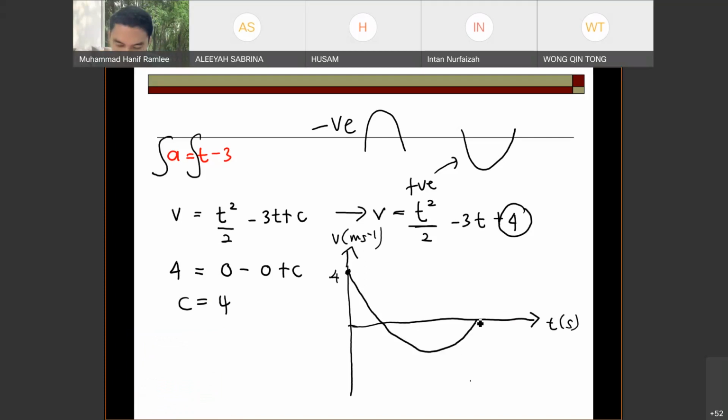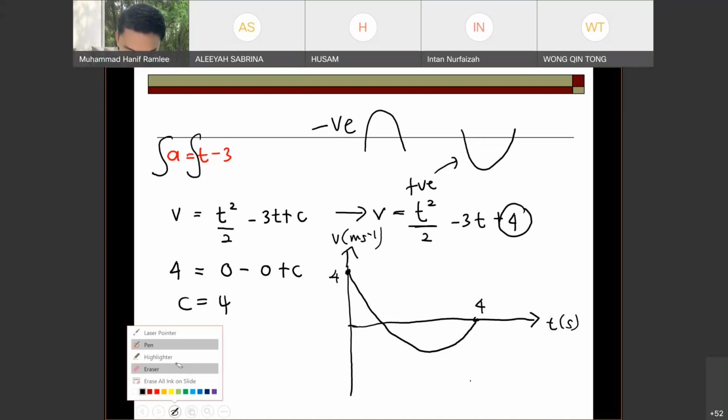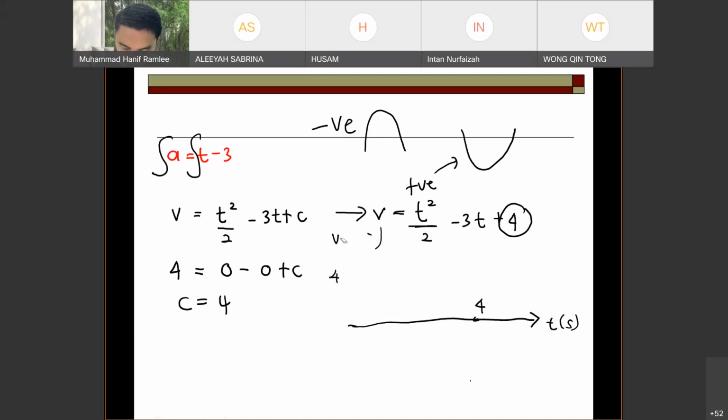Okay, so if you're not confident yet about the final location at T equal to 4 here, you can substitute T equal to 4 into the equation, then you will get V. Okay, so let's do it right now. Let me erase this first. This is only an overview. I will explain further.